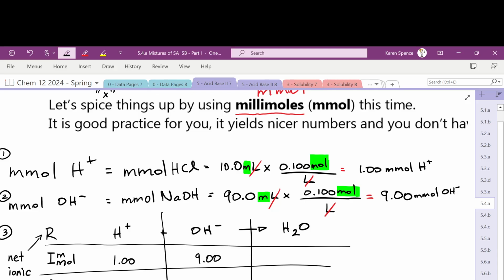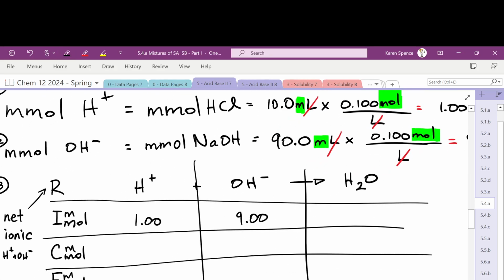And the nice thing about this net ionic equation is that it is always going to be 1 to 1. Yes, there's always going to be 1 H for every 1 OH, which means that you can determine who is the limiting reactant and who is the excess reactant. Who is the excess reactant here? OH minus. Who is the limiting reactant? H plus. So how much is the change going to be? 8 millimole? Is that the change? 1 millimole.